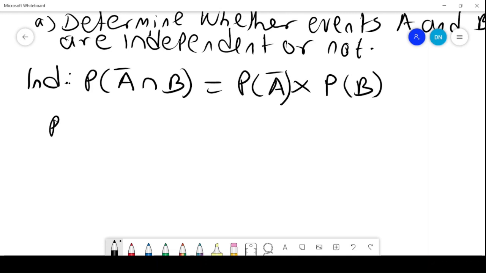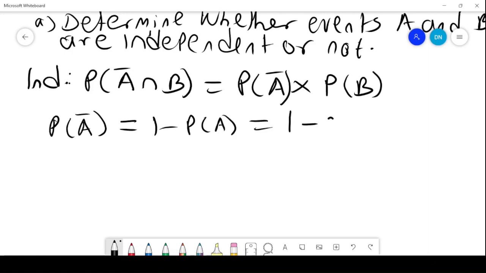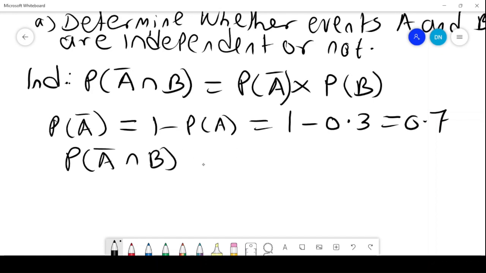We know that probability of not A should be 1 minus probability of A, which is 1 minus 0.3, which is 0.7. Therefore, what you're basically saying is that probability of not A intersection B is independent if this is true.